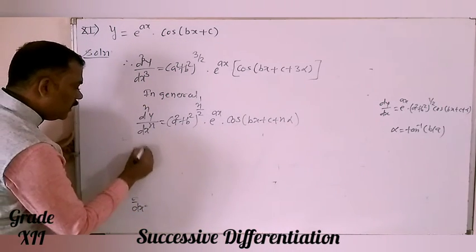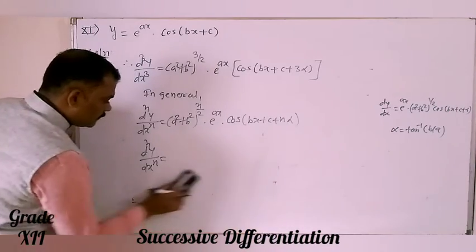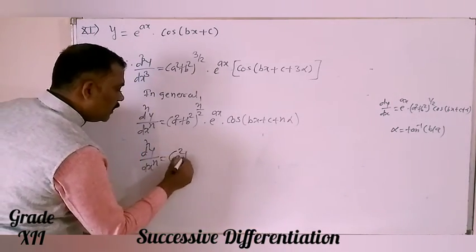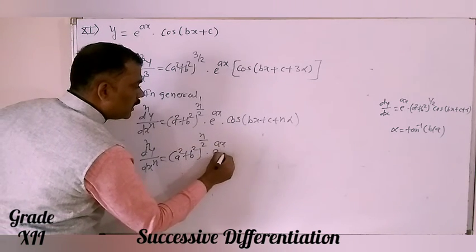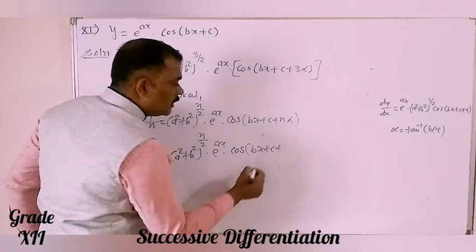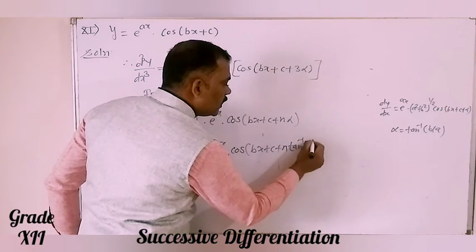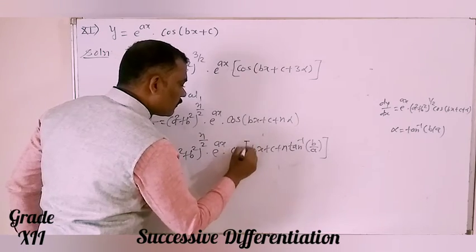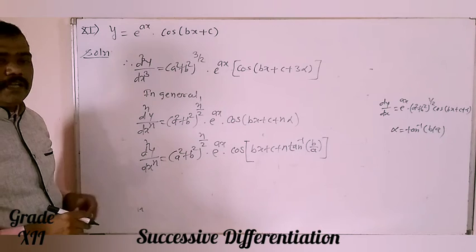That is nothing but dny by dx raised to n is equal to a square plus b square raised to n by 2 into e raised to ax into cos of bx plus c plus n into what is alpha? Tan inverse of b by a, which is the required nth order derivative of this given example.